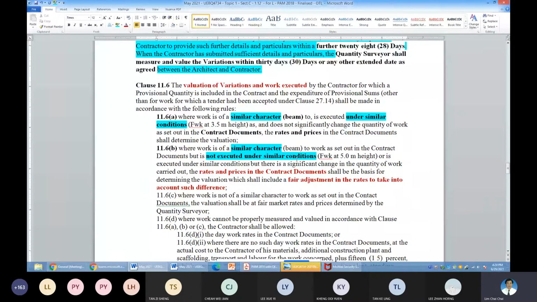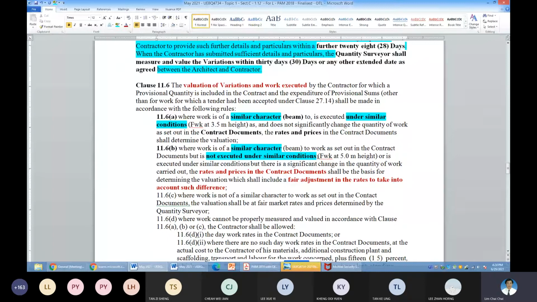It's different. Your contract is 3.5, but now it's 5.0. So if it's 3.5 in the BQ, you use this rate where applicable. You cannot use a 3.5 rate in the BQ to pay for the height at 5.0 meter high. So it's a different condition.